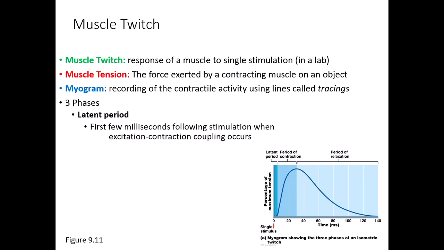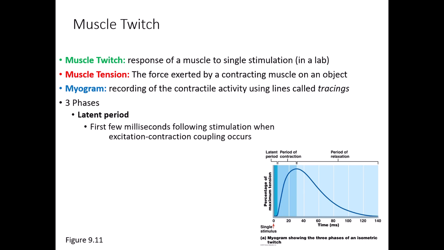That's when the neuron came down, and after the event of the neuromuscular junction, that end plate potential occurred and caused the sodium channels to open and let sodium into the muscle cell, and that generated the action potential, which would then trigger the rest of the events that resulted in the muscle contraction. The action potential travels along the sarcolemma, down the T-tubule, releases calcium, etc. So as that is beginning to happen, that's the latent period.